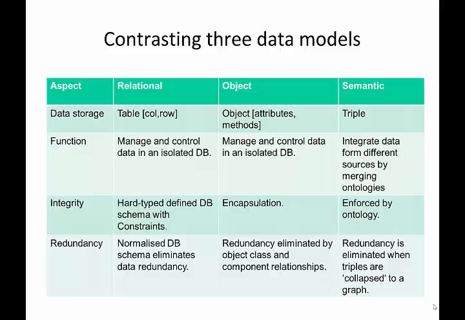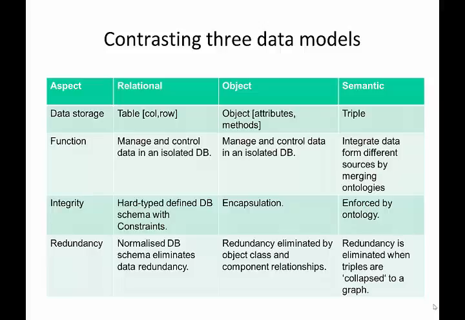Integrity in your relational database is defined by your DB schema with all the constraints that you impose upon it, your foreign keys, your primary keys, your domains, all that kind of stuff. Integrity in the object model is maintained in theory by the concept of encapsulation, the idea that you can only interact with an object through its methods.